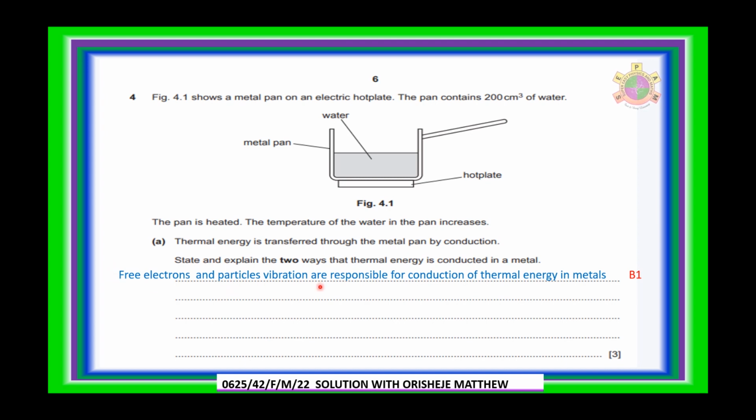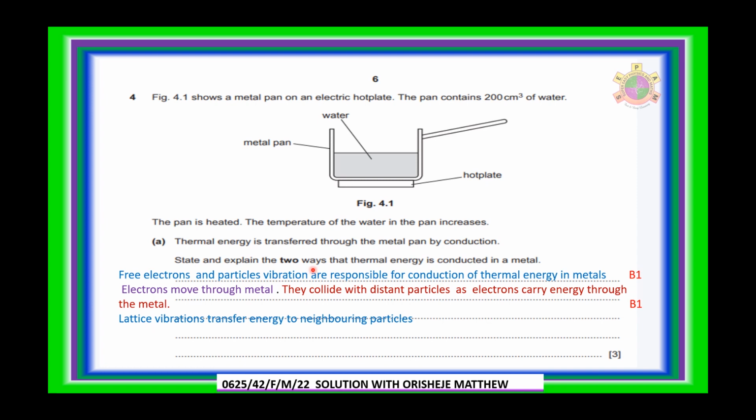Now, what do free electrons do? When free electrons move through the metal, they collide with distant particles as the electrons carry energy through the metal. So this is one way. And then the next one is the vibration process. The particle lattice vibration transfers energy to neighboring particles when they make contact with each other.